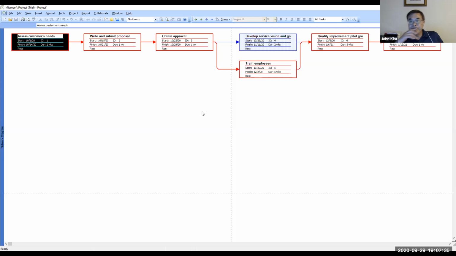So maybe at your work, if you are involved in any project and you need this kind of program, then you may ask your company and use this program.